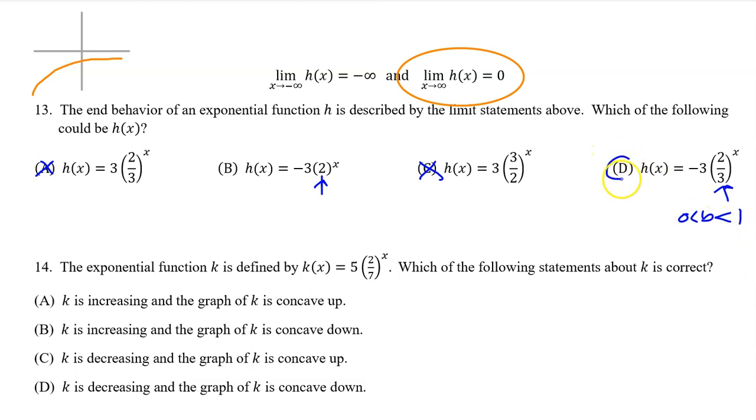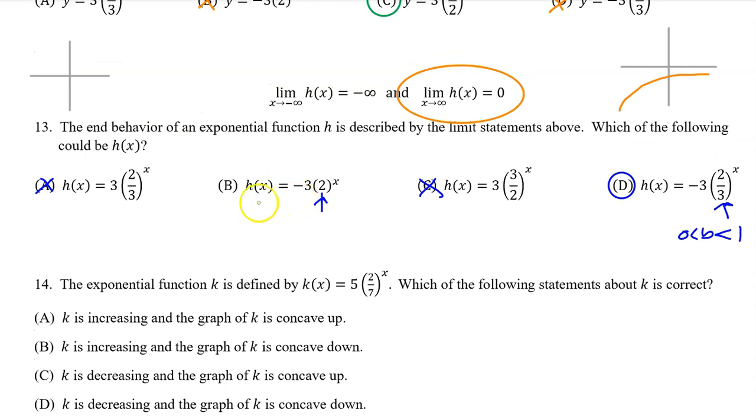So the answer is D. Also, option B would look like this. Below the x-axis, because the a value is negative, because the b value is greater than 1, from left to right it has to be getting further away from the asymptote. So this is what the graph would look like for b.